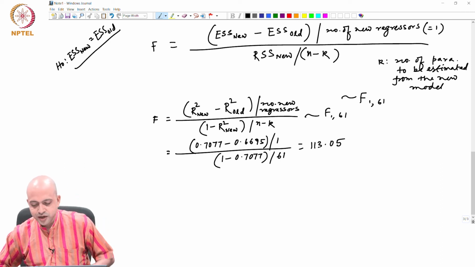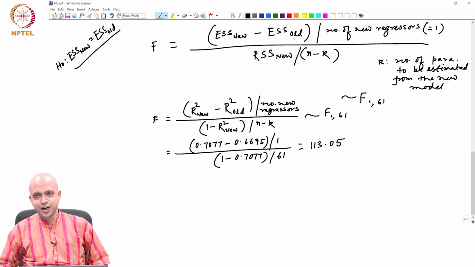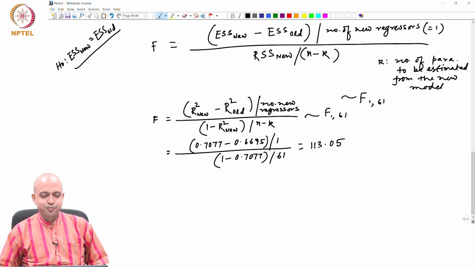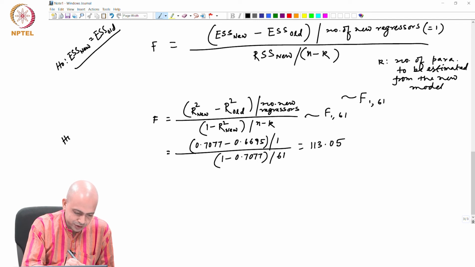Since the value is 113, even without looking at the table, we can understand that yes, the PGNP is actually statistically significant. So, that means here the null hypothesis is R square new equals R square old.